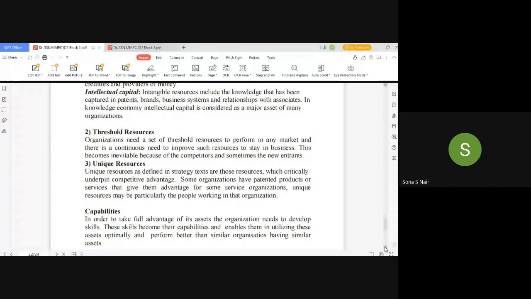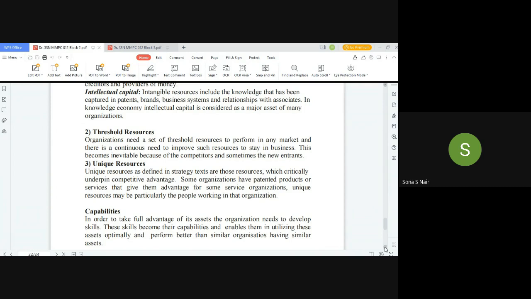Sometimes the organization might have capital, but that capital might be lying idle, not utilized for expansion or growth. Sometimes the machinery and physical resources are there, but they are not utilized properly. So capability means the ability of the organization to make full optimal use of whatever resources it has at hand.